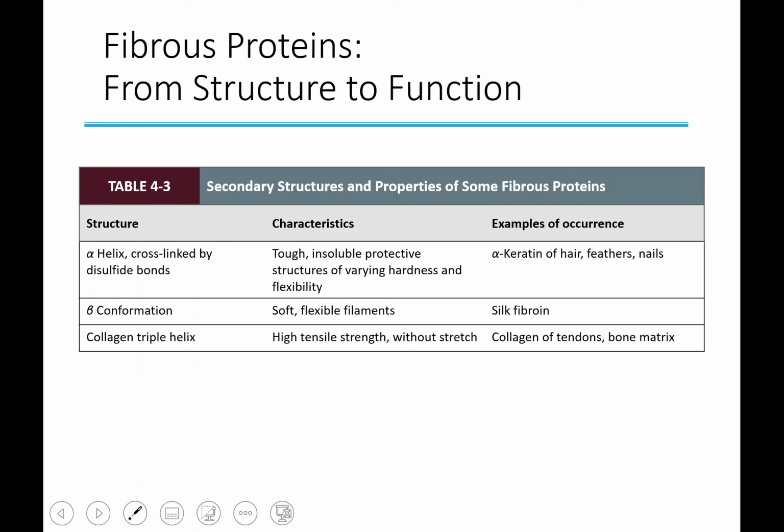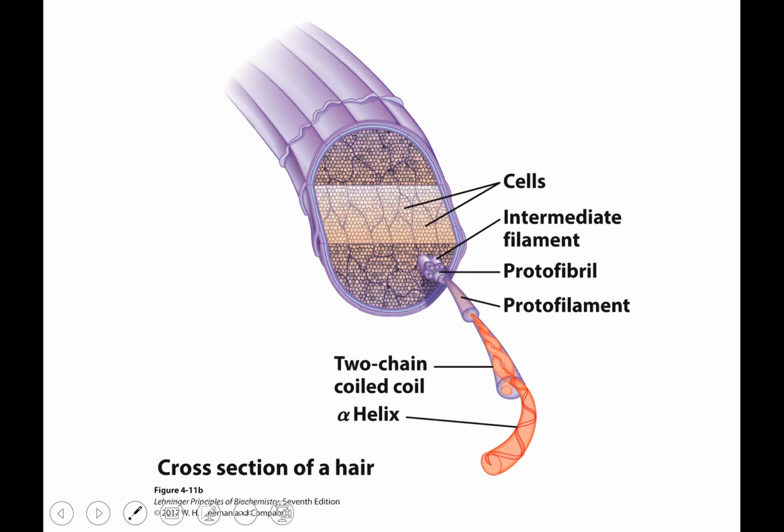So if we look at a cross-section of hair, this is what we would see, a cartoon type picture of this cross-section of hair. You would notice you have these cells, and then if you zoom in a little bit closer, you notice that there are actually filaments in here, and the filaments have many orders of structure.